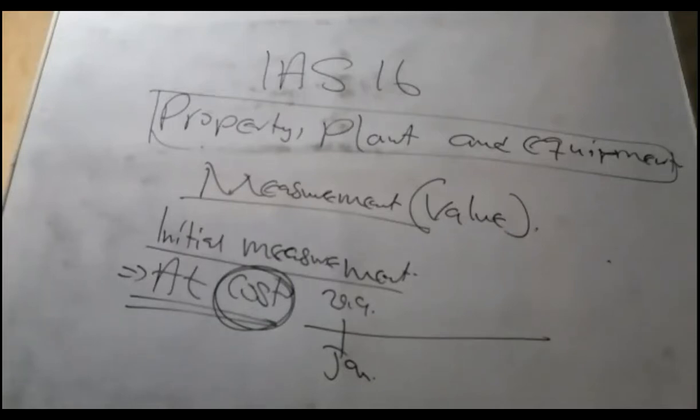The definition of some terms is in there, but this is where we are going to explain it. If you mention cost or cost of PPE, cost of plant, cost of vehicle, it refers to the cash or the cash equivalent that you transfer, or even the fair value of resources transferred. Sometimes you can acquire PPE not necessarily by losing cash. You can exchange your existing asset for a newer one, right?